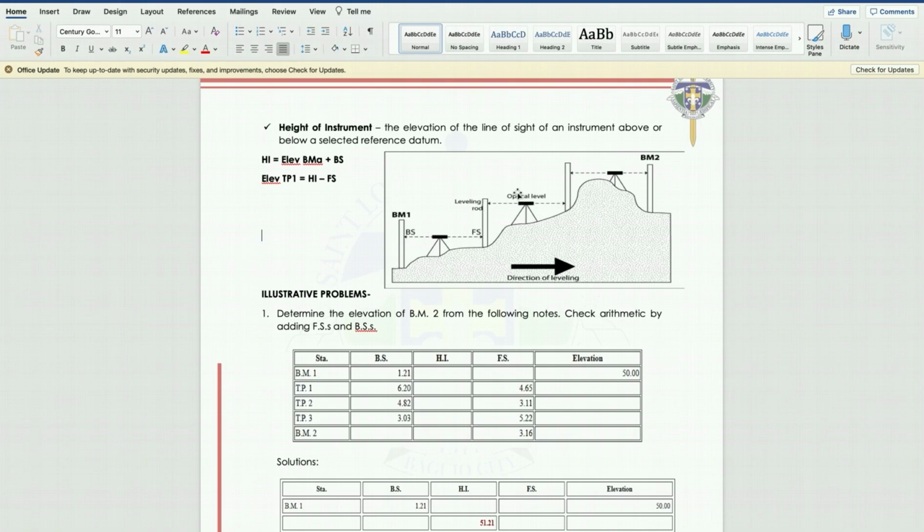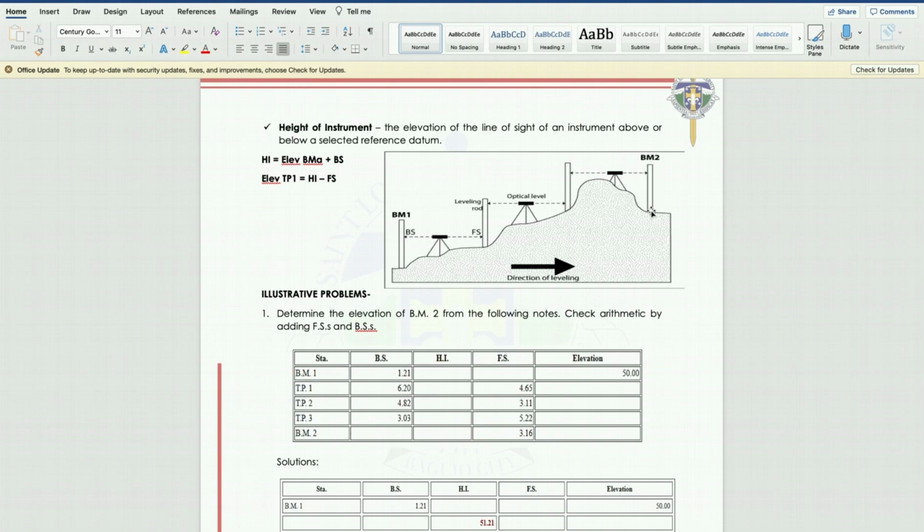Backsight plus elevation of this station is equivalent to the height of the instrument. Height of the instrument minus the foresight is the elevation at this station. Elevation of this station plus the backsight of this instrument is the height of this instrument. And height of this instrument minus the foresight is the elevation of BM2.